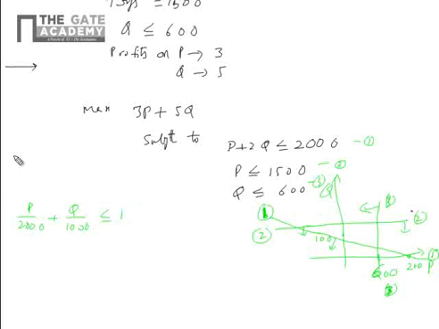So next, what is the feasible region? Is there any greater than or equal to constraint? No, all are less than or equal to constraints. This is the feasible region. At each coordinate point, calculate the Z max.